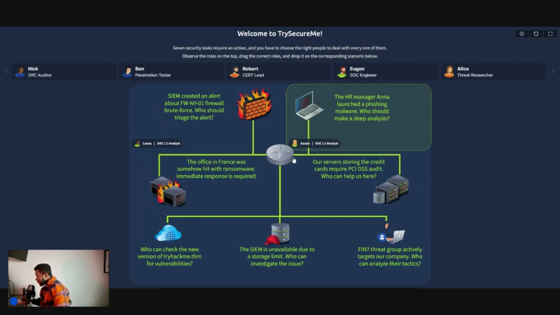Now let's go down here again. We can see that the office in France was somehow hit by ransomware. Immediate response is required.